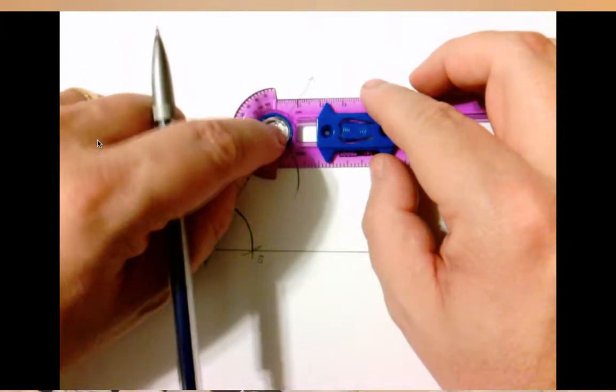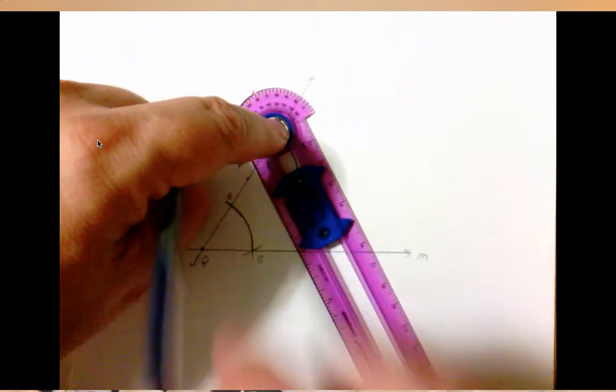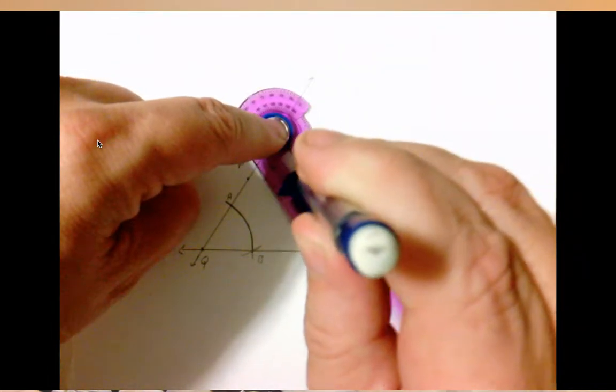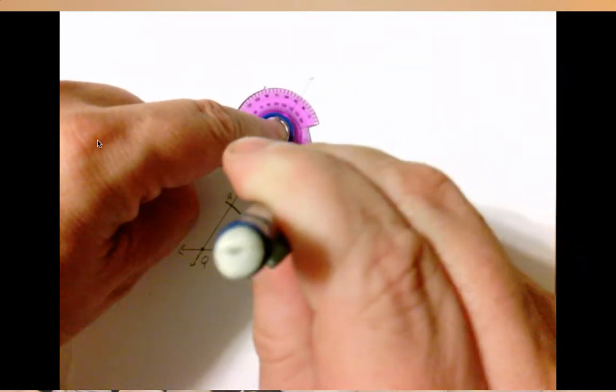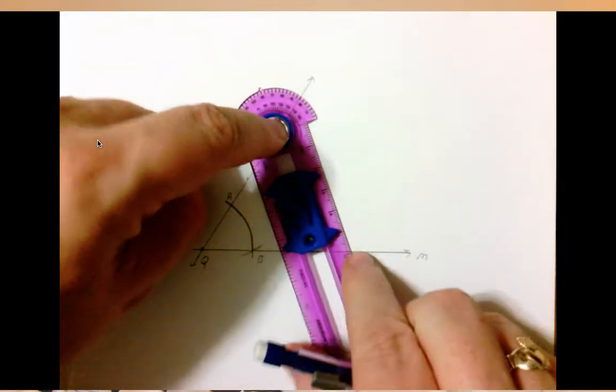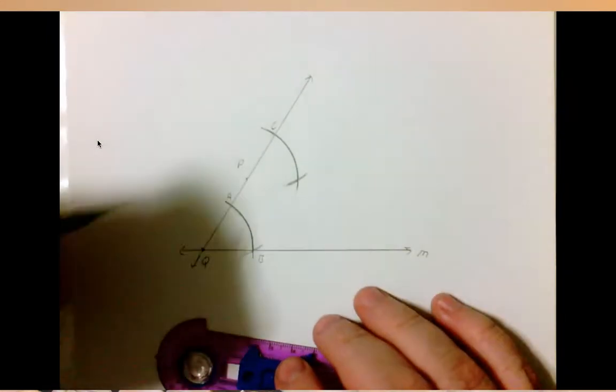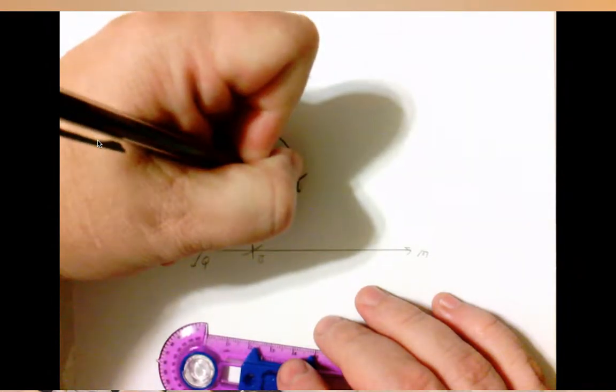There we go. And I want to draw the arc so that it intersects the other arc. Right there. We call this point point D.